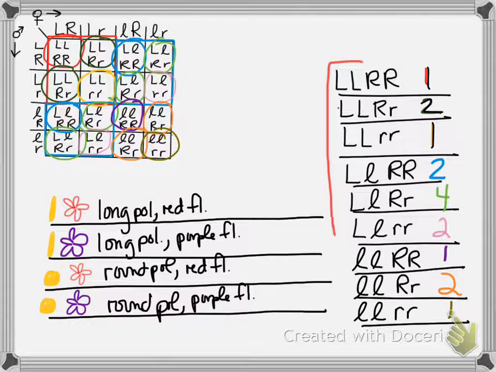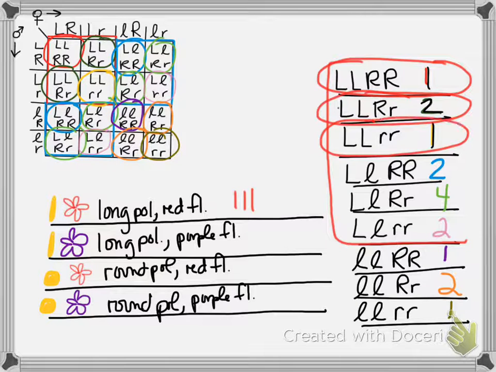First off, everything here is long pollen. So, of those, how many have red flowers? So, what color are the flowers on this long pollen flower? Red. So that's one. What color are the flowers here? Two more.